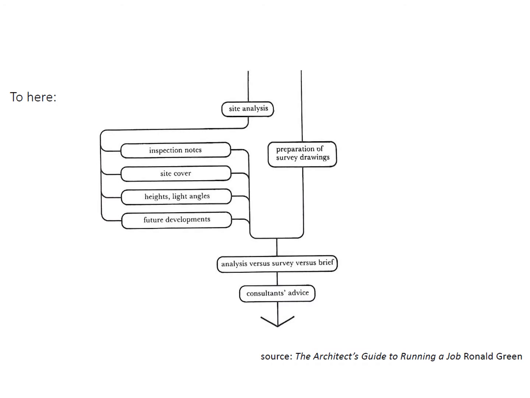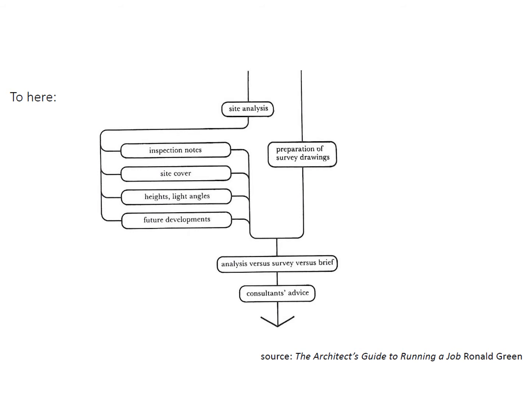Okay, so various points on analysing and preparing survey information. For the site analysis, we will take some notes on inspections. We'll look at the site cover, so that's the ground surfaces, what sort of heights, light angles are positioned on the site.